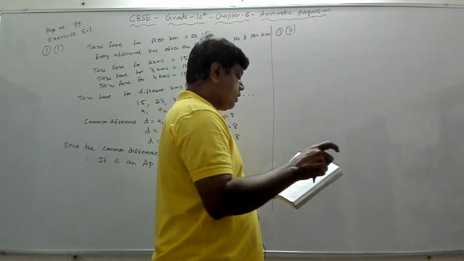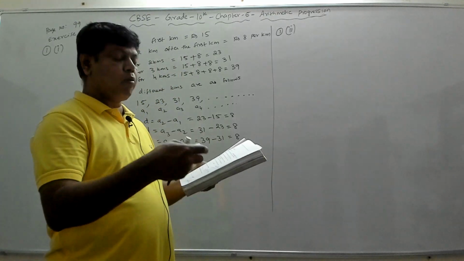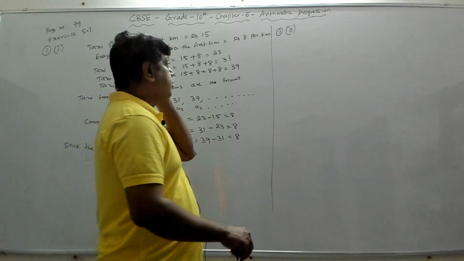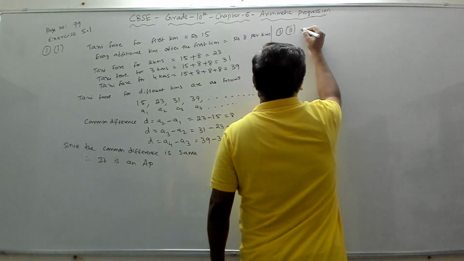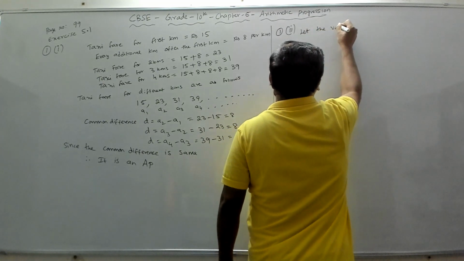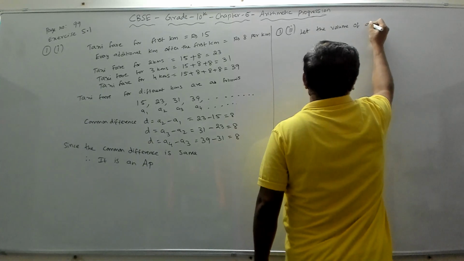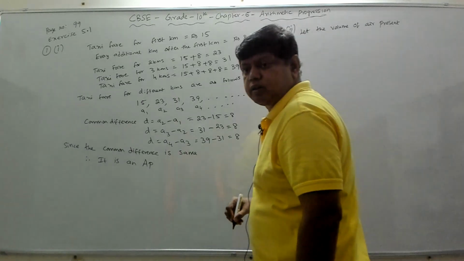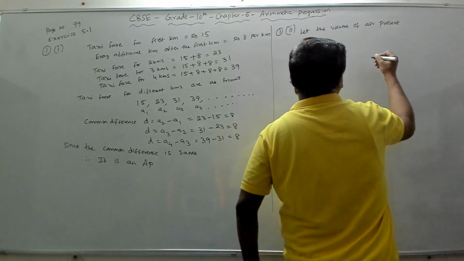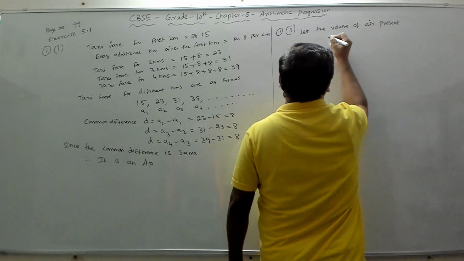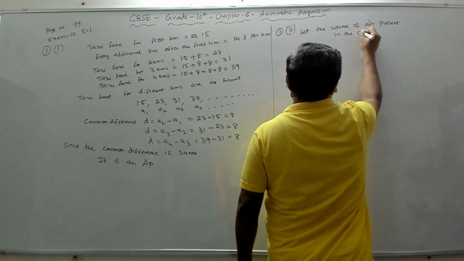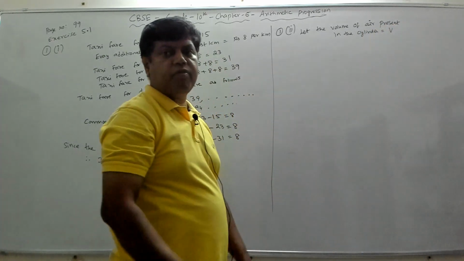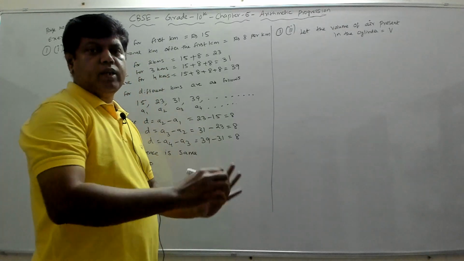Right? We have to see whether the amount of air present in the cylinder at any point in time forms an AP. So we'll assume that the volume of air present in the cylinder is equal to V. We have V, volume of air that is present is V. V amount of air is present in the cylinder.